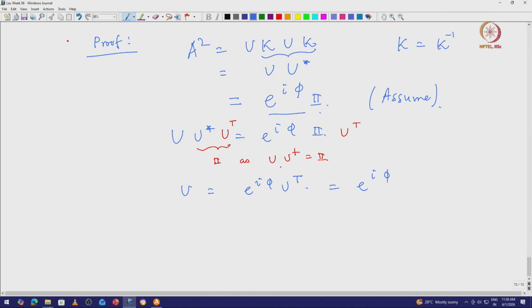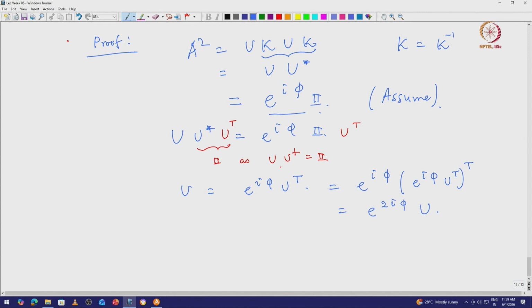Let's apply it again. So u transpose is e to the power i phi u, and that gives e to the power 2 i phi times u.